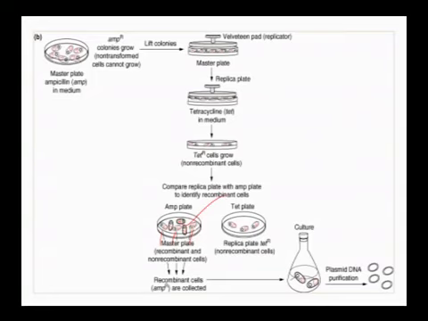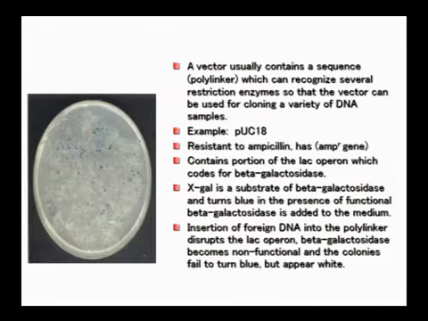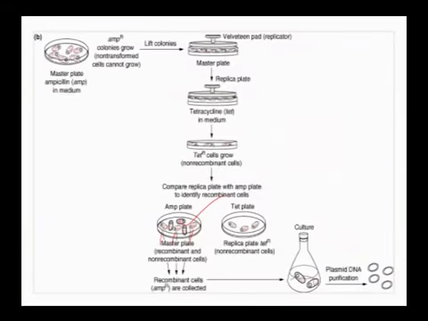We select these recombinants and grow them on a large scale to produce the specific product. Hence, insertional inactivation is a procedure for selecting the recombinants from non-recombinants. Even with these antibiotic resistance gene markers, it is a tedious and lengthy process because we have to do master plating and replica plating.